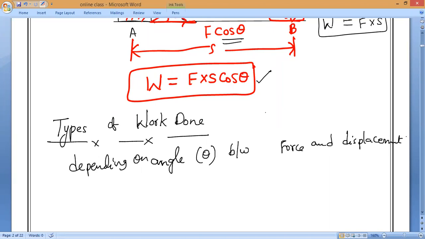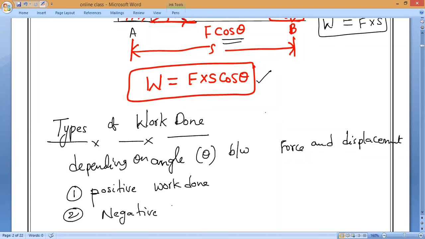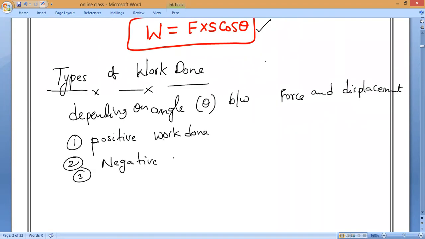So work done will be classified into three types. The first one is positive work done. The second one is negative work done. And the last one is called zero work done.